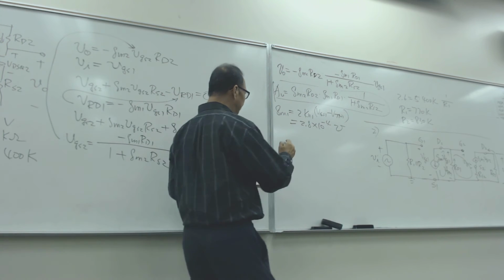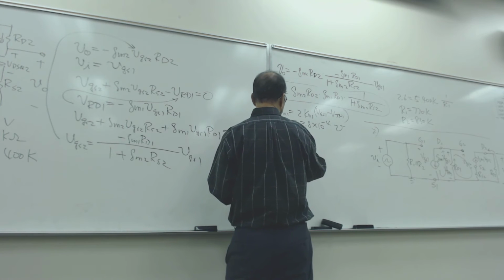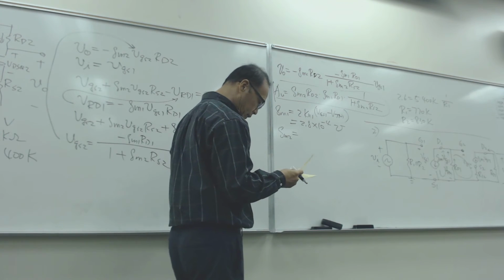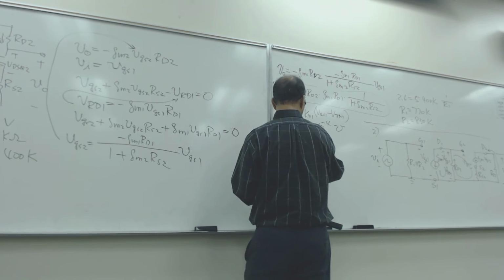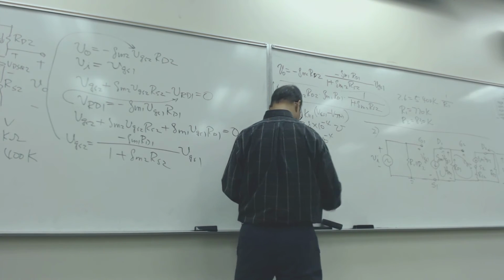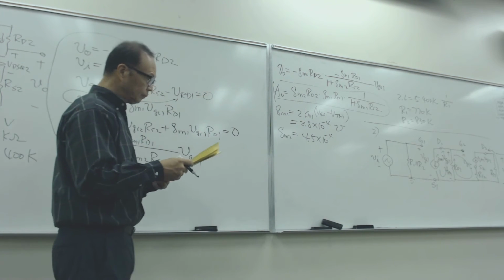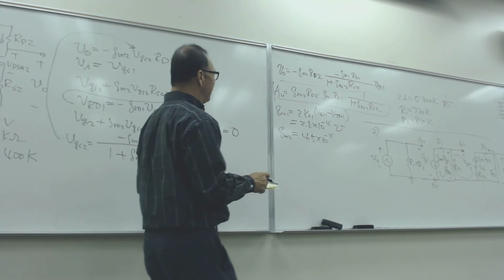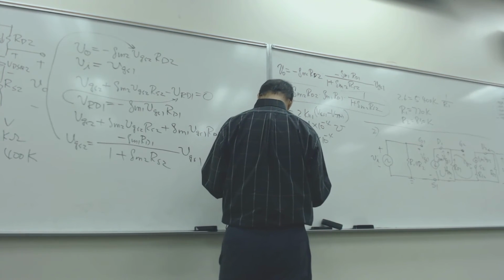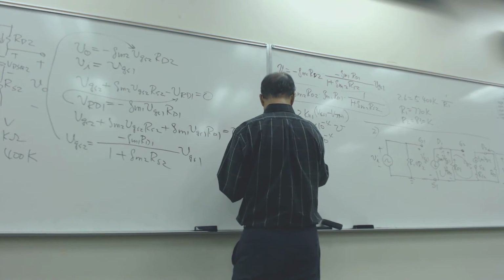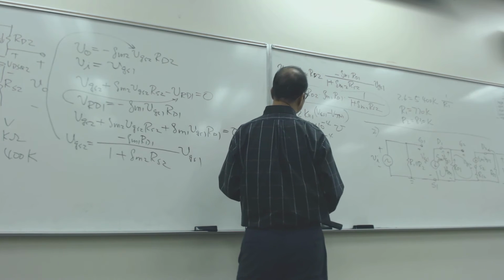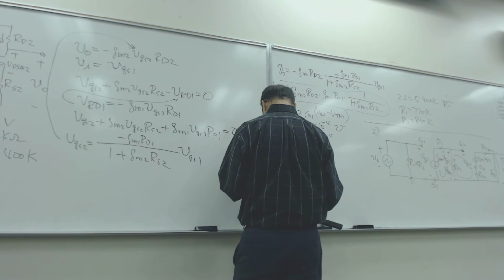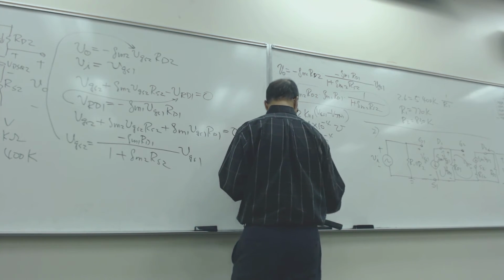And the GM2, the same formula, is about 4.5 times 10 to the minus 4. Okay, plug in the numbers. You will find that A sub V equal to 1.3.